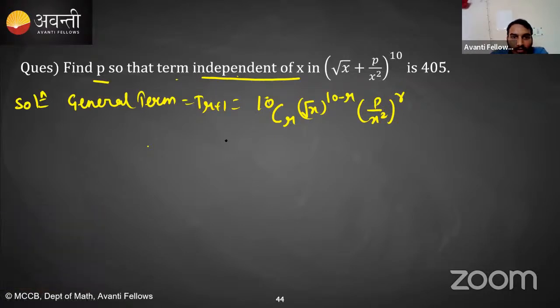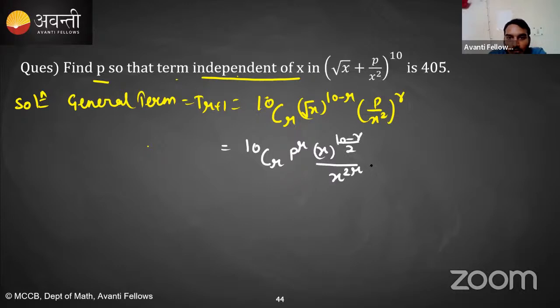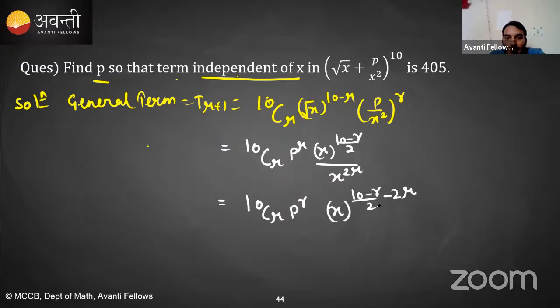If you want to write it more clearly, we can write 10Cr p raised to the power r, times x raised to the power (10 minus r) by 2, divided by x raised to the power 2r. So this can be written as 10Cr p raised to the power r, x raised to the power (10 minus r) by 2 minus 2r. Is that clear?